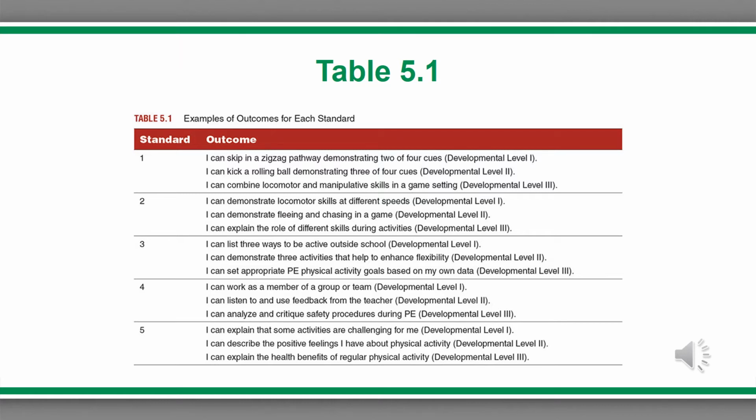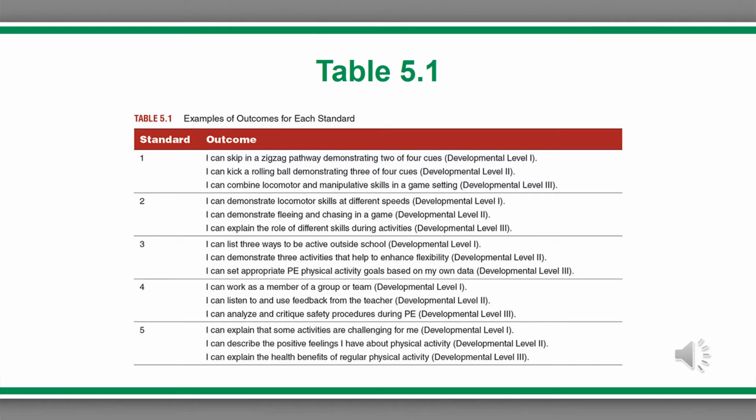If you're teaching developmental level 2, which is grades 3 and 4, you would put TSW, kick a rolling ball, demonstrating 3 of the 4 cues. Now, you don't have to put demonstrating 3 of the 4 cues. You could put TSW, kick a rolling ball to a partner at a distance of 10 feet away. Okay? Something of that nature.